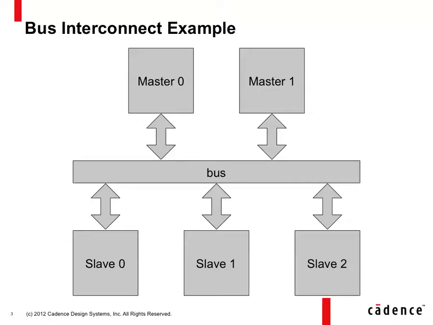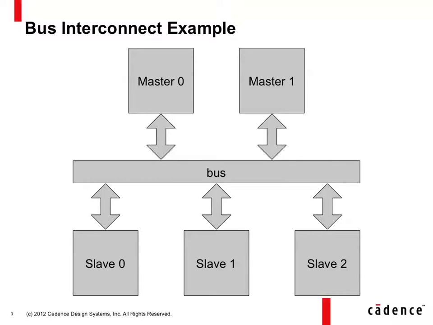Let's look at a particular example. Here we have a hardware system with 2 masters and 3 slaves. So for UVM to be flexible, you need to be able to adapt your interface UVC to whatever configuration you have. So maybe you need 2 master agents and 3 slave agents. Maybe some of them have to be passive, some active, and so forth.